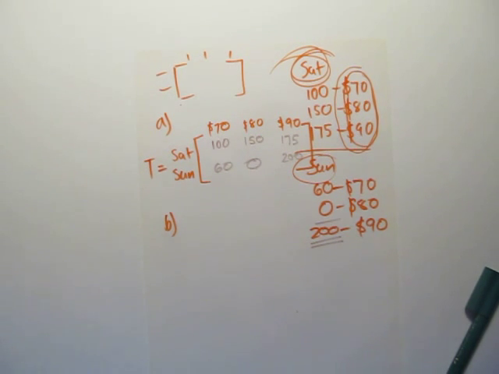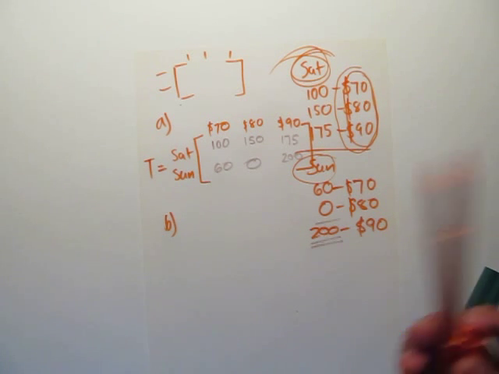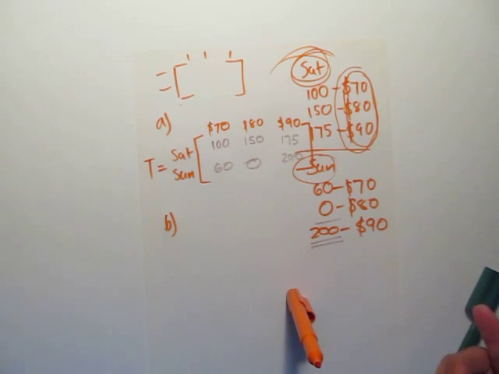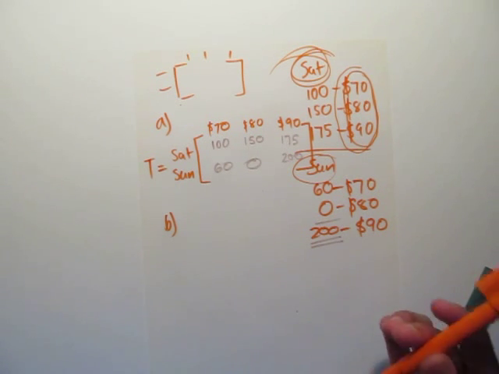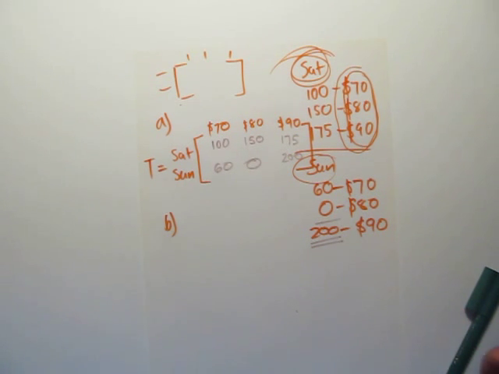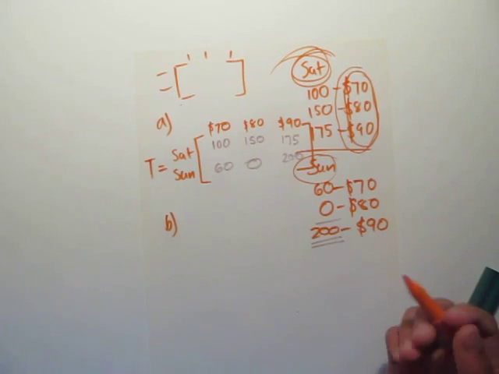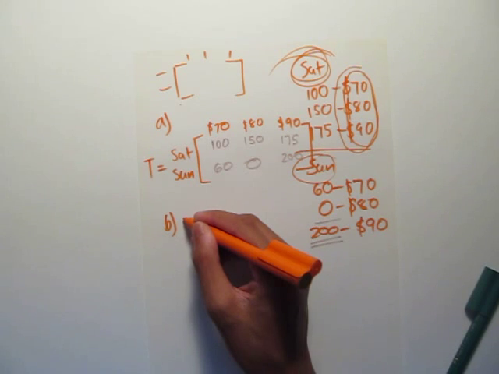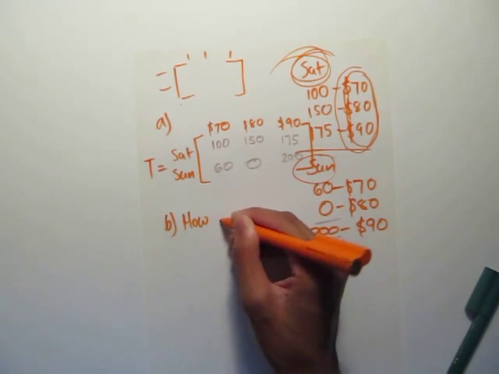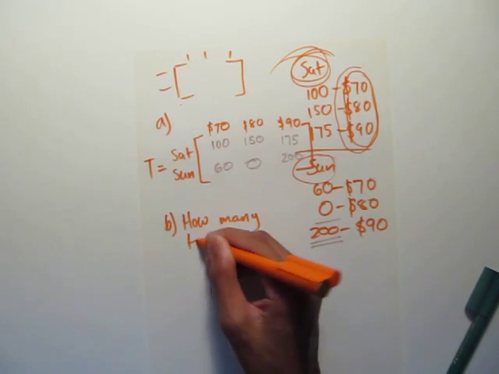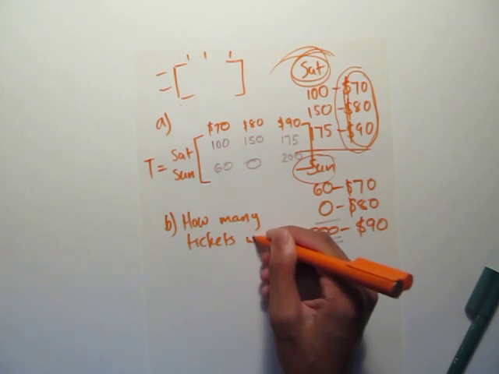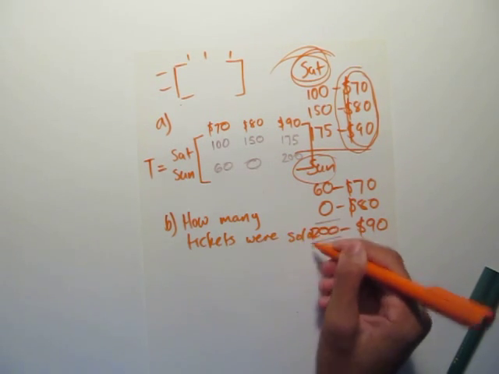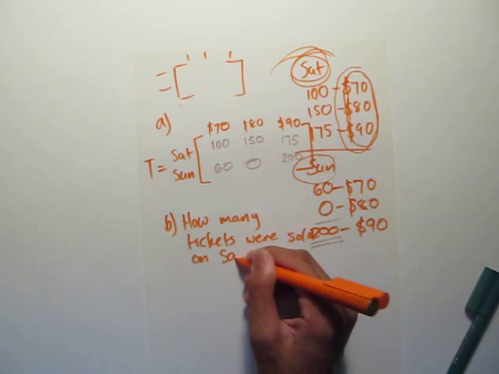Okay, so an example would be that they'll ask you to calculate how much money was made on a Saturday, or how many tickets were sold on a Saturday. Today I'm going to ask you to calculate how many tickets were sold on Saturday.